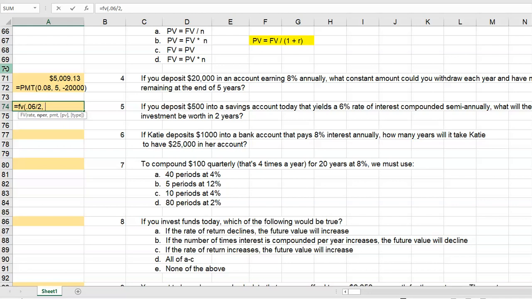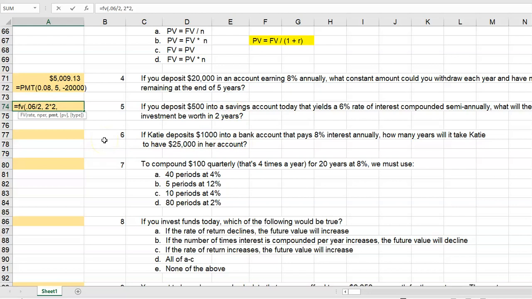Anytime you get these problems, always think that the rate, the number of periods, and potentially the payments are going to change. So number of periods is 2 times 2. I get 4 6-month periods.